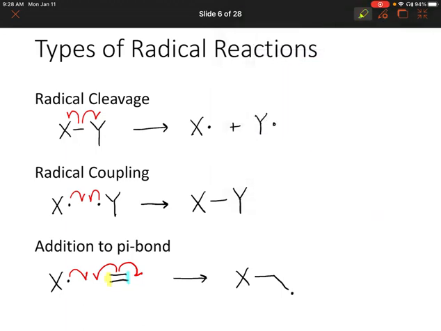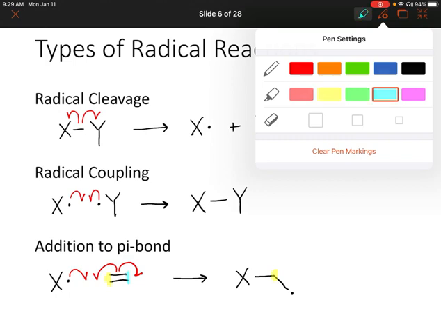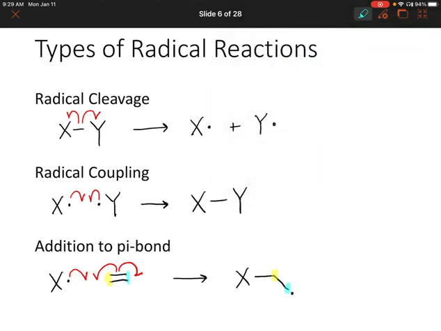What we did was we created a sigma bond between the halogen X and the first carbon on the double bond. And now the other carbon on the double bond is the radical. It has a single unpaired electron. So we've created one molecule from two different species.